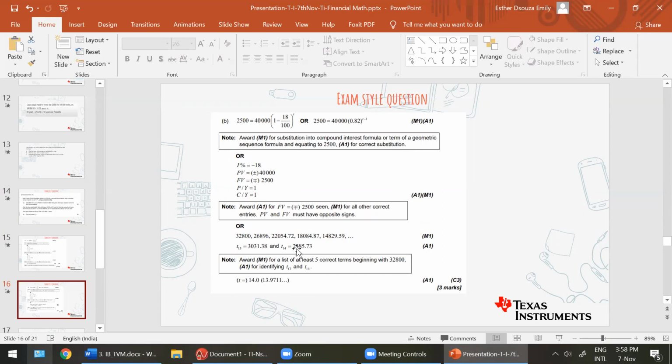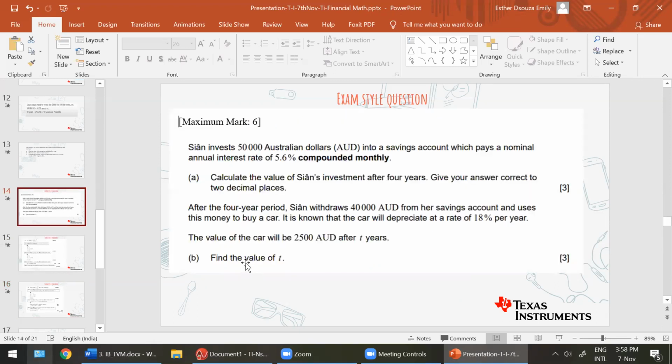Then PV is 40,000. FV. Now be alert about the way you're going to put in the value. Will PV be negative 40,000 or will it be positive 40,000? Okay. So be alert to that as you type it in.